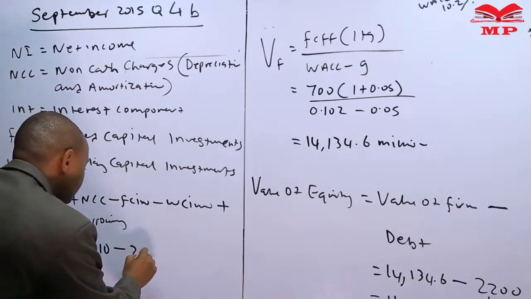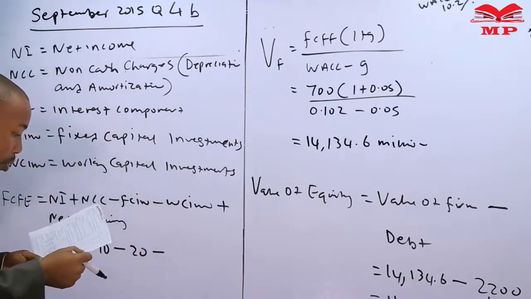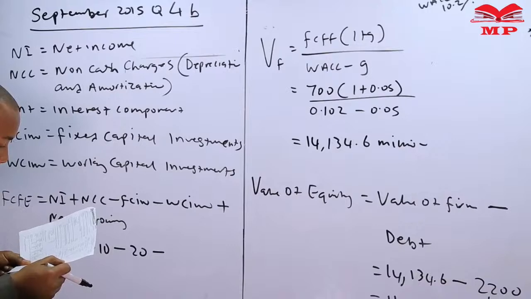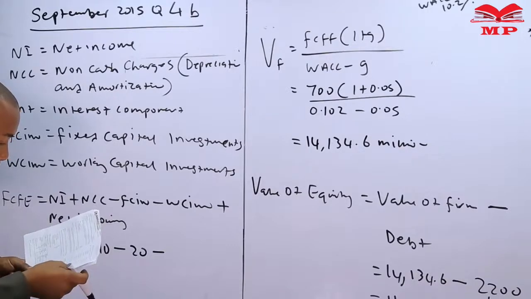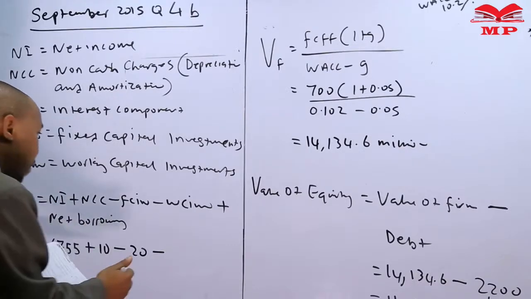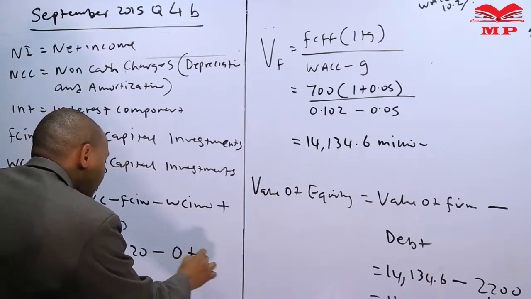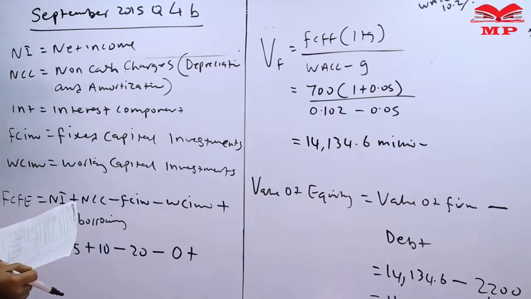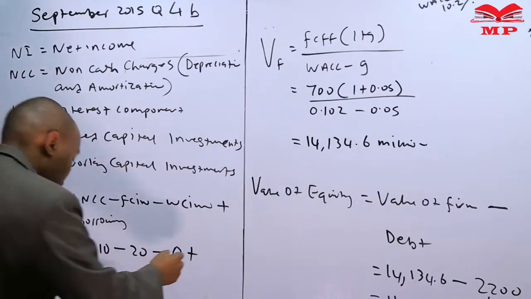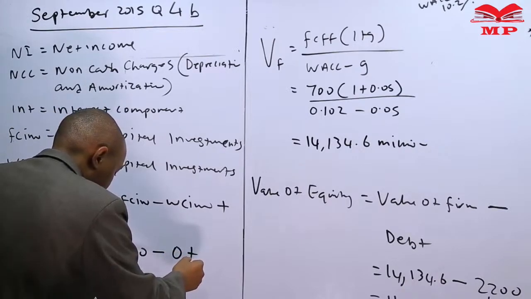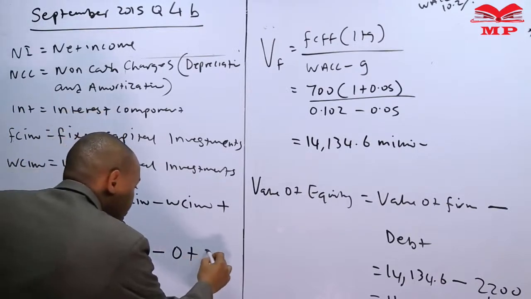Then minus working capital investments: there is nothing about working capital investments given in that extract, so minus 0. Then you add net borrowing, which in this case is debt repayment, 23 million.